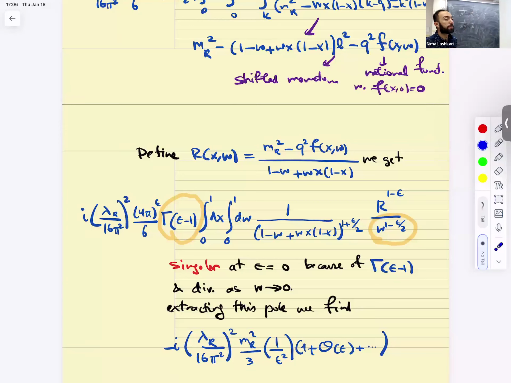We might not be able to do this integral, but we couldn't care less, because all we want is the epsilon going to 0 piece. So all we need to worry about are the divergences as epsilon goes to 0. This term becomes singular at epsilon going to 0, but there's another divergence, which comes from this term when w goes to 0.